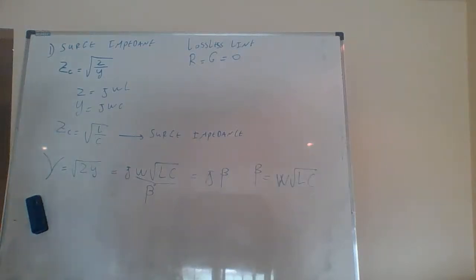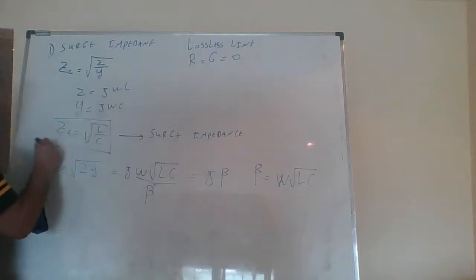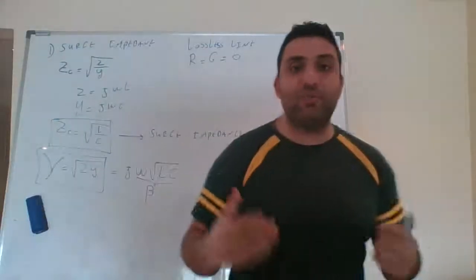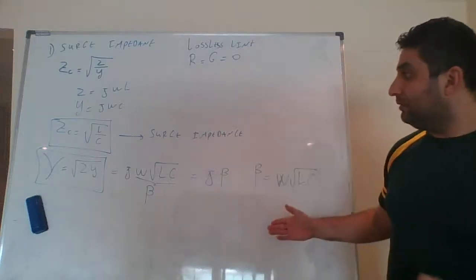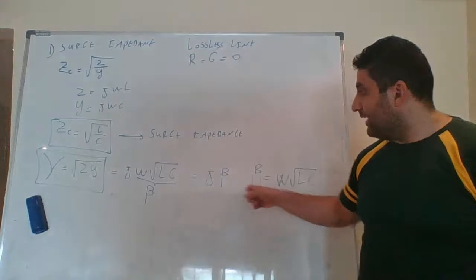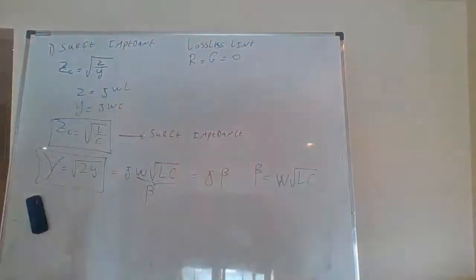Now, what I want you to notice is this system and this system. The surge impedance is a purely 100% real value, while this now became J beta. So it's 100% totally imaginary.